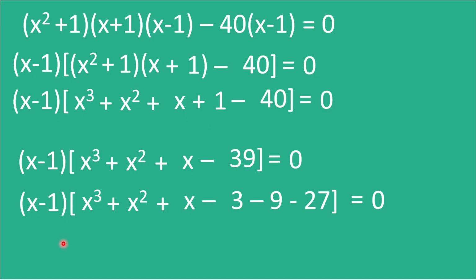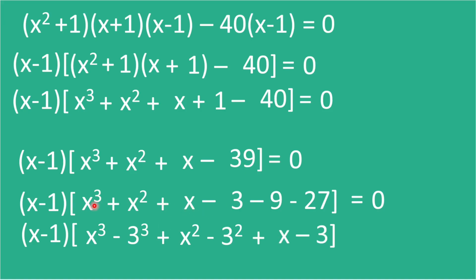Now we will rearrange these values: (x − 1)(x³ − 3³ + x² − 3² + x − 3), because −27 equals −3³. So basically we have arranged this equation like this, which is equal to 0.